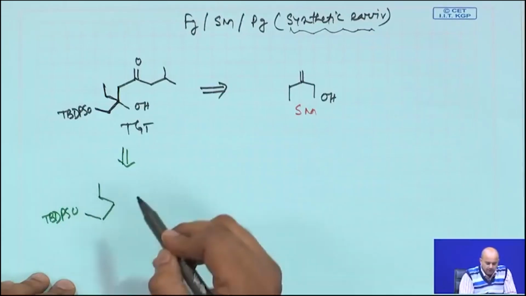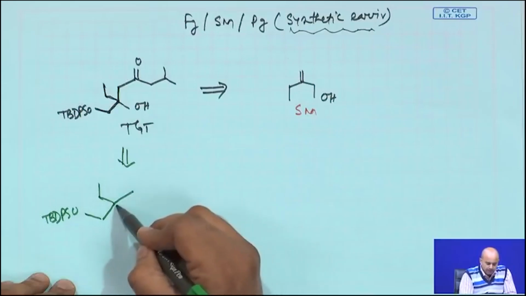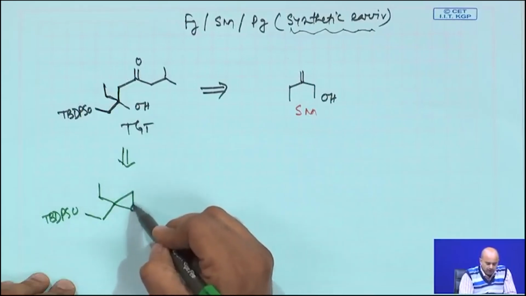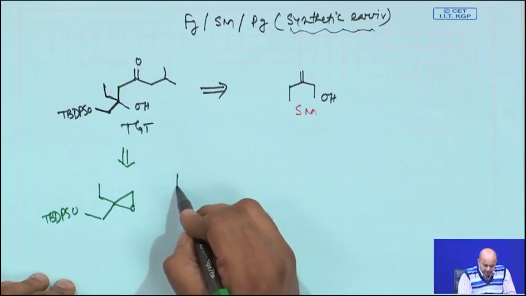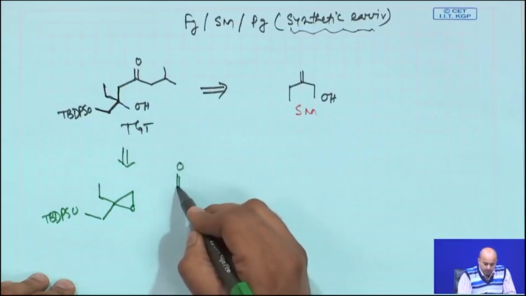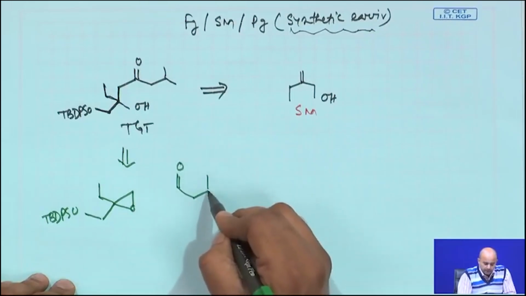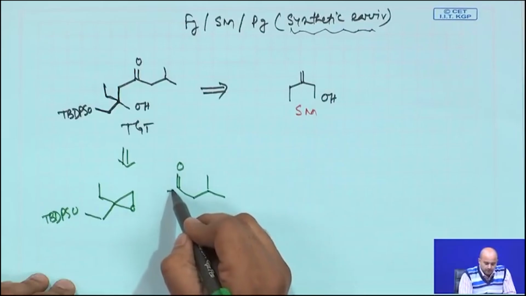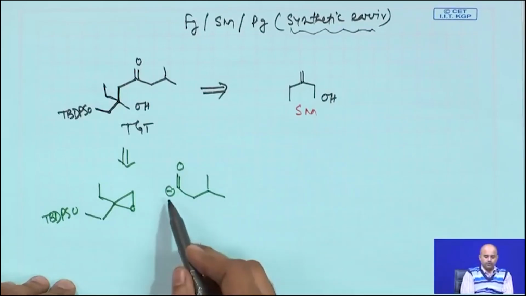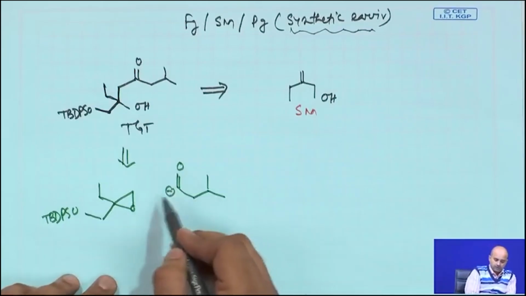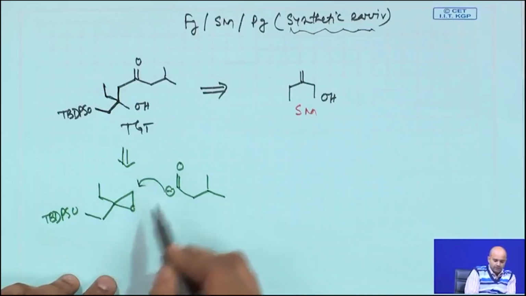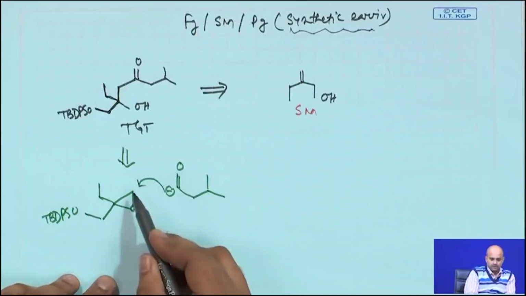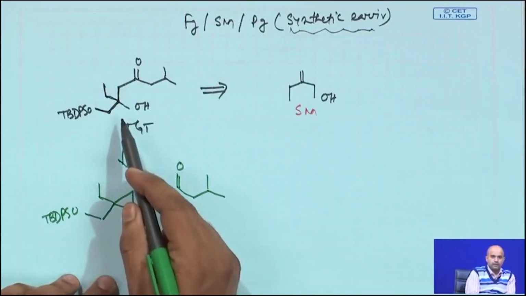We say ethyl is there, and then if you have an epoxide something like this, we will be using a synthetic equivalent of this anion, which will attack the sterically less crowded epoxide in this way to give you this target molecule.